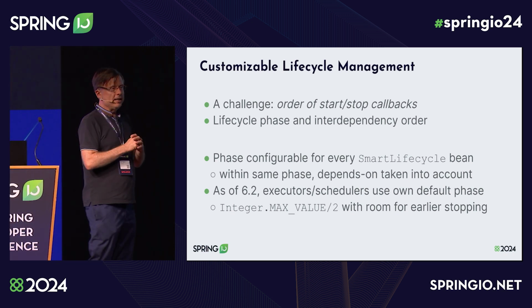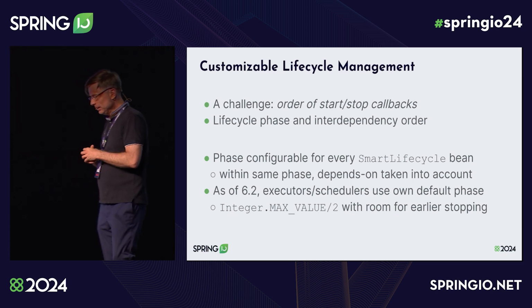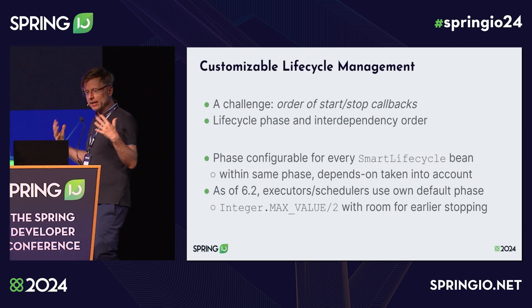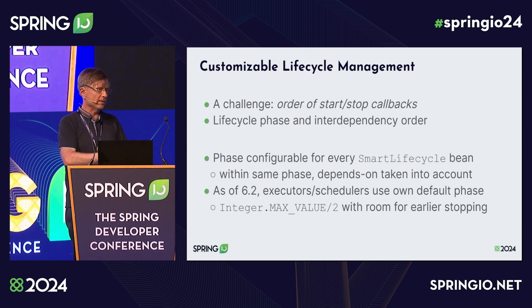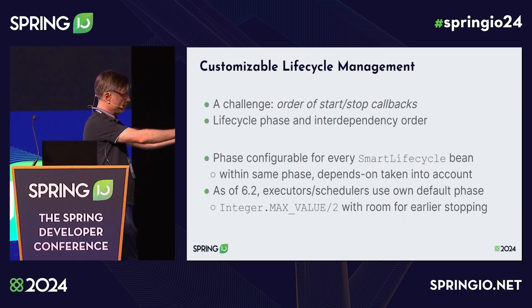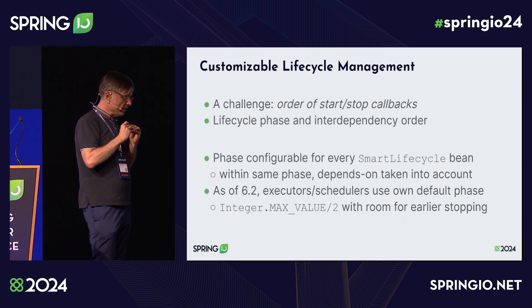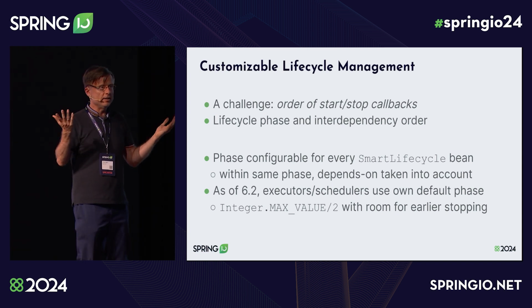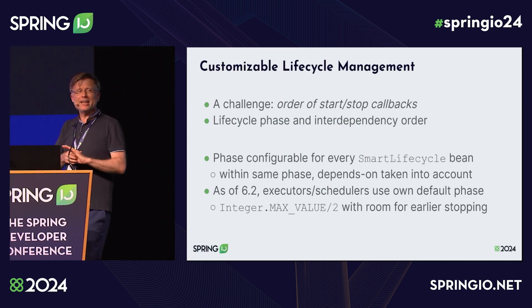I've already been hinting at the phases arrangements. Lifecycle components can group themselves into phases, so that we start a certain group of components first and another group later on. They use phase declarations, which are just integer values. These integer values can make a lot of difference.